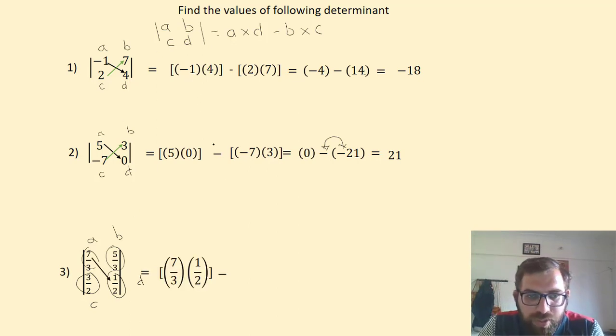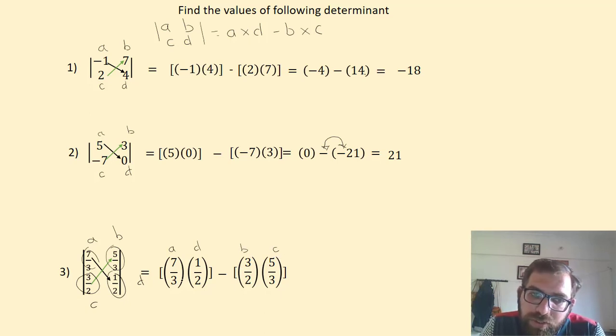So it's A into D minus B into C, or C into B rather. C into B, it's some product, so you can write BC or CB, it doesn't matter.